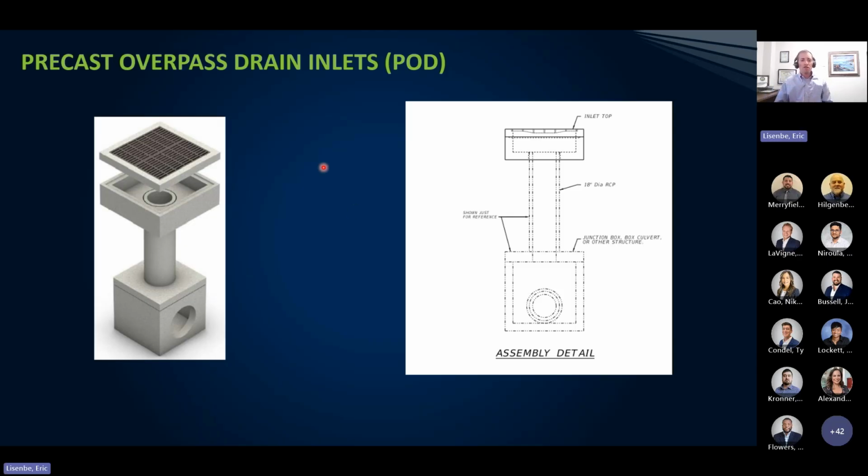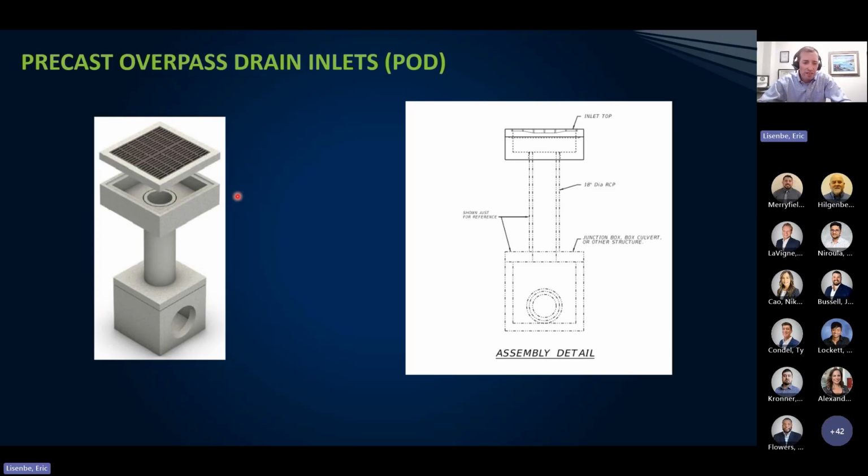This precast overpass drain inlet, the POD that TxDOT has, I'm not 100% sure what their intended purpose for them is, or what their main reason for making this one is. I think I know what it is, and I have used them on just some examples I'll show you.